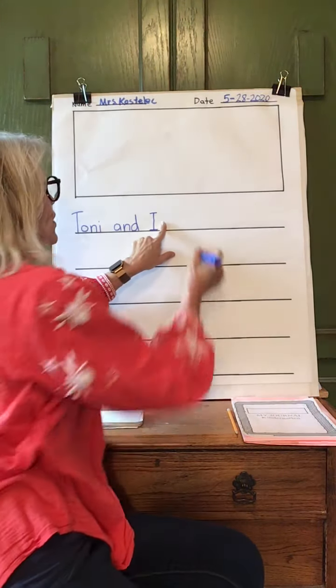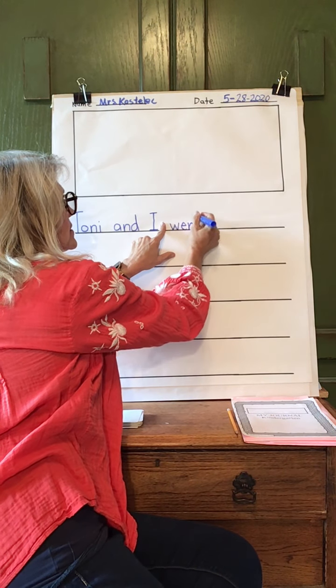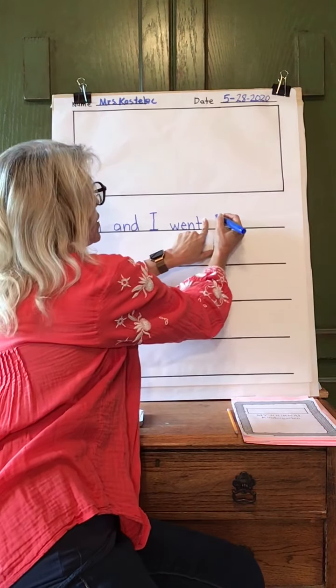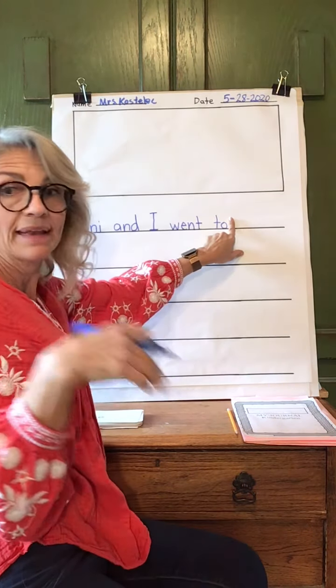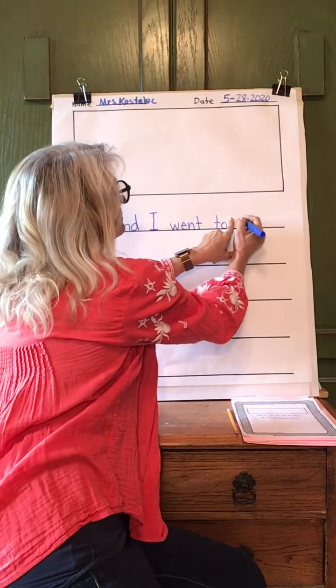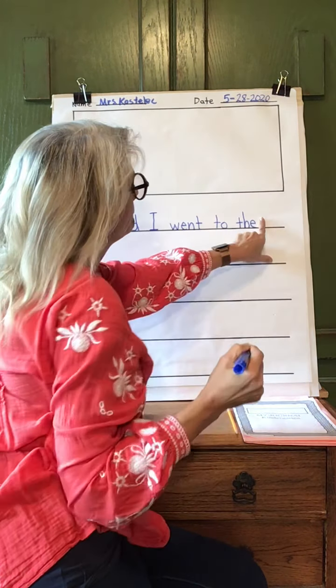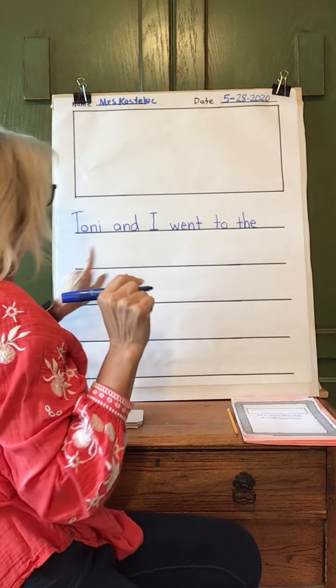Let's write it. Went. Spaceman, to. T-O, lots of sight words as always. Spaceman, the. Do I have room? I better go to the next line.